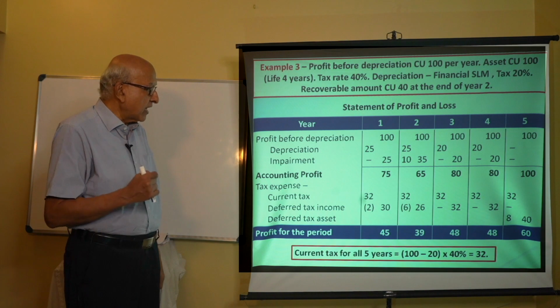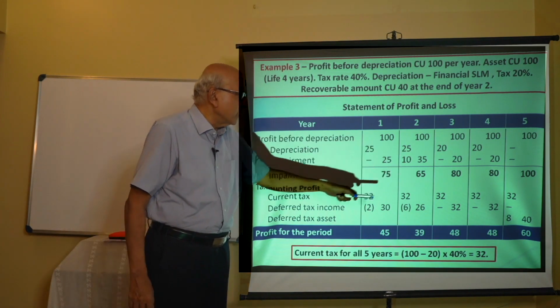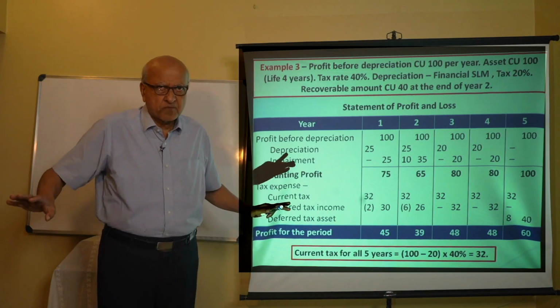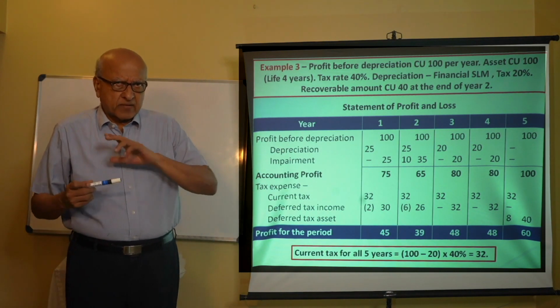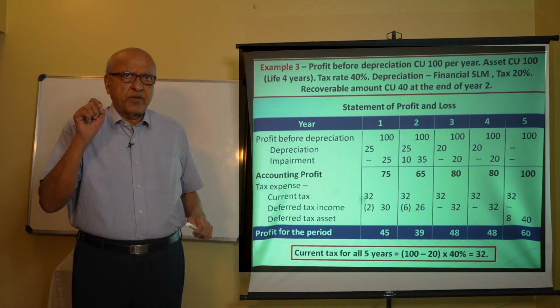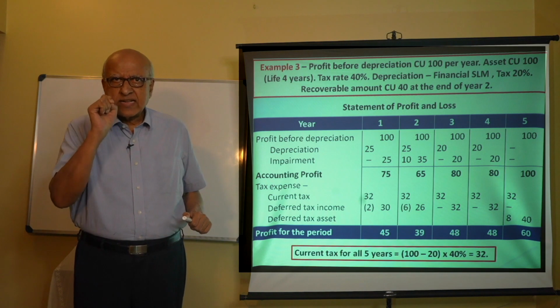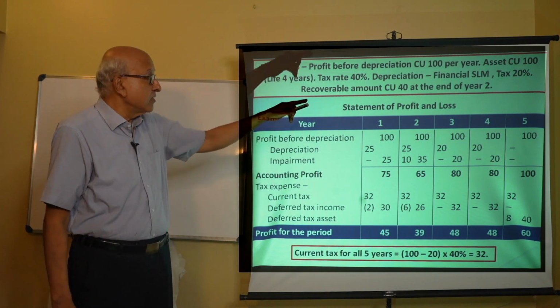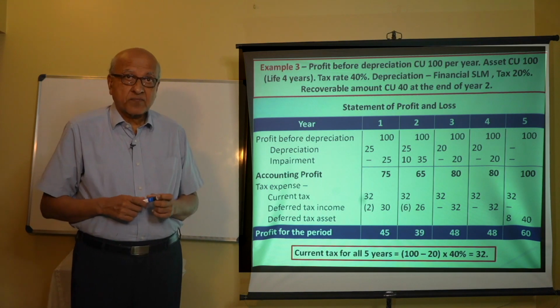So every year my current tax is 32, for all these 5 years. There is no variation. 100 rupees cost, they allow 20% for 5 years, so 20 rupees every year. That means 100 minus 20 is 80. Income tax that is given is 40%. So 32 is the current tax.